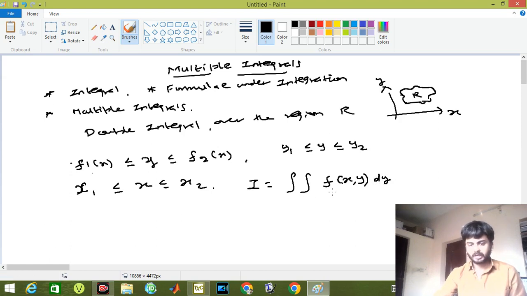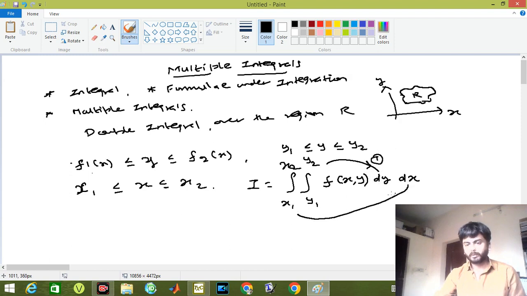I have to integrate the entire function first with respect to y, whose limits lie between y1 to y2, and then with respect to x, whose limits lie between x1 to x2. You have to remember always that your first preference should be given to the inner part of integration, then to the outer part.